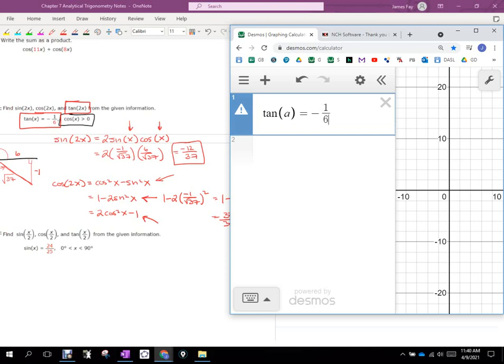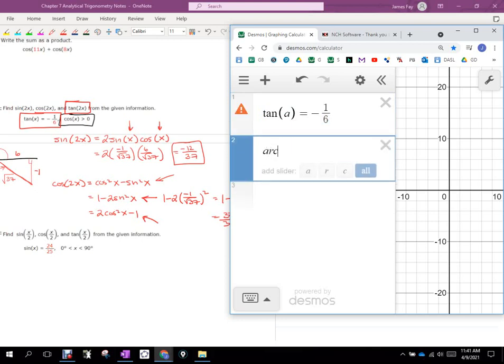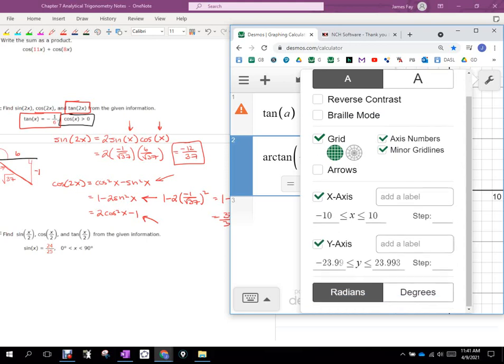Okay? That is an implicit way of telling me what the angle is, isn't it? Can't I take the tangent inverse of that side and the tangent inverse of that side and get what A is? Okay, so I'm going to take arc tangent of negative 1/6. Now this is in radians, so let's change over to degrees.